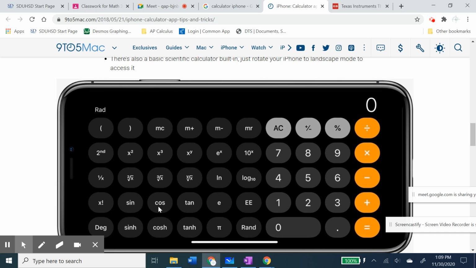So you've got a cosine button on here so you can go forward easily. And also this says it's radian, so you need to push the DEG for degrees. Now, I'm assuming you're going to push the second button and the keys are going to change. So my question to you is, did that happen? You pushed the second button and the keys changed? Okay. Is that little cosine with a -1 one of the keys?